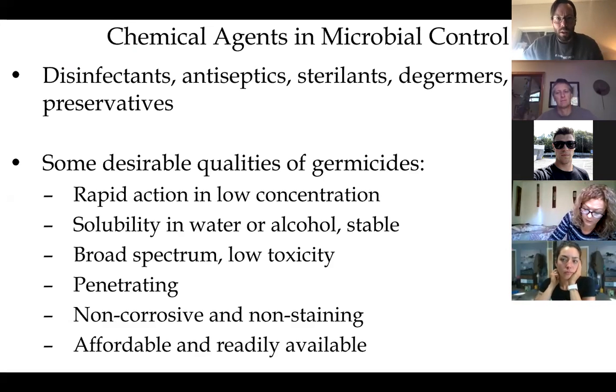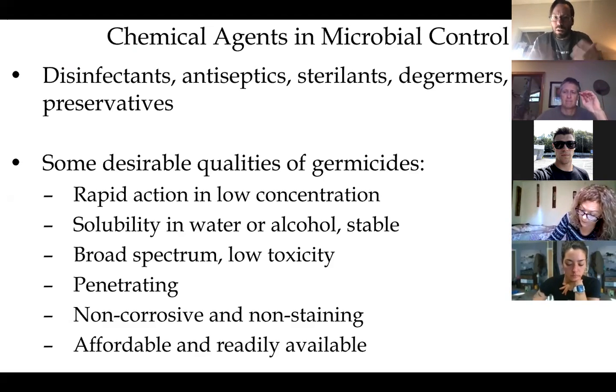Unless you're testing them on lab animals, of course, for like cosmetics and stuff. But antiseptics are going to be like disinfectants. They don't necessarily kill off everything, but they're applied to animate objects, to us. Sterilants kill off endospores and everything else.